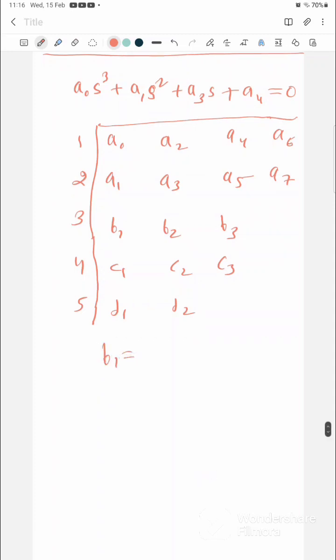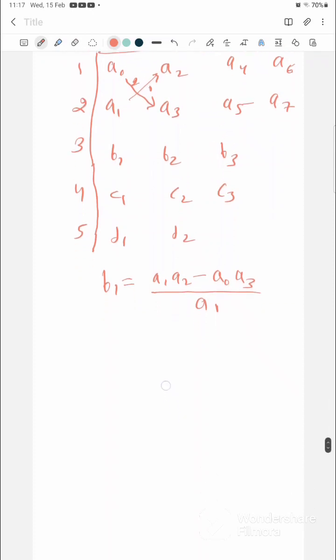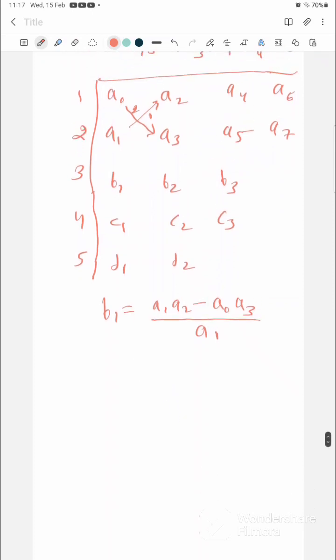So b1 we can find as (a1 a2 minus a0 a3) by a1.